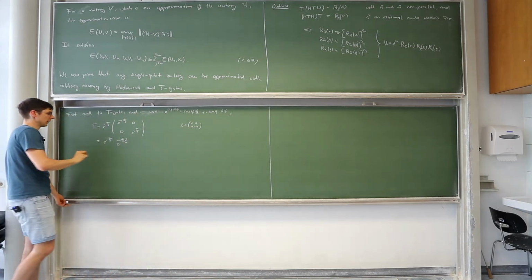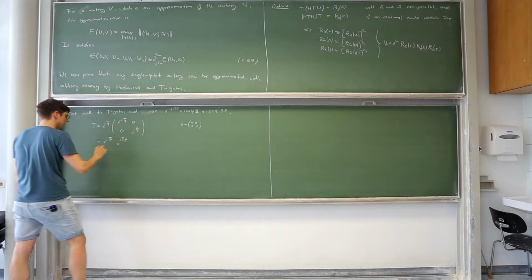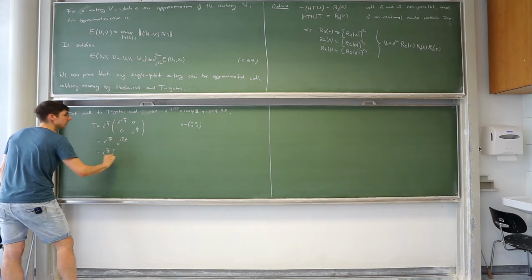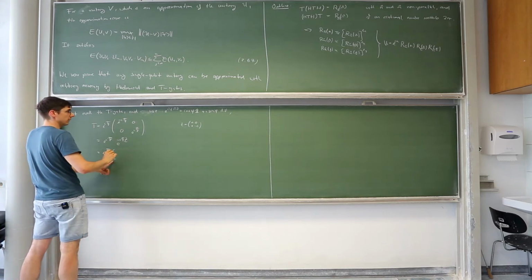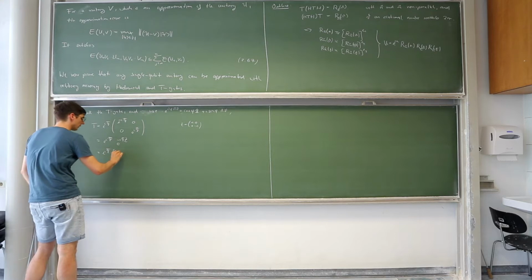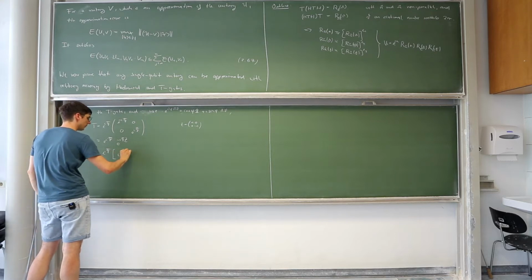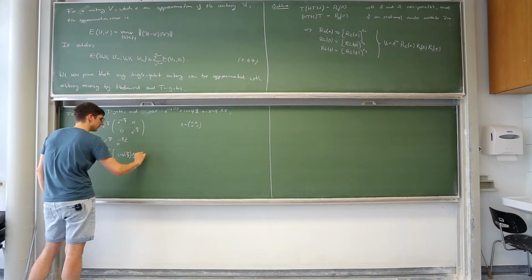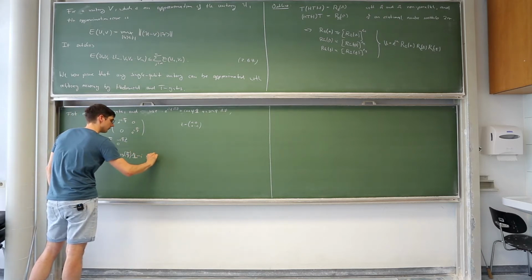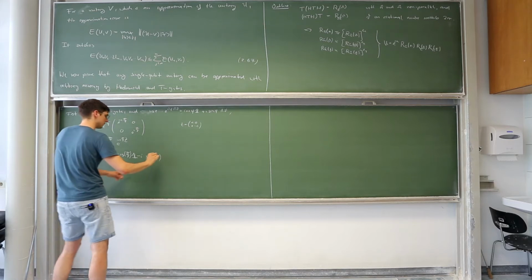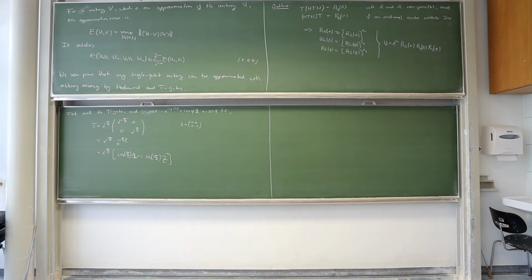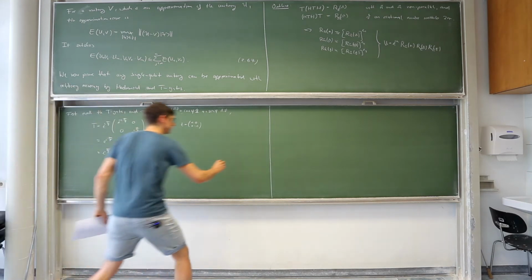Now we can use this formula and write this as e to the i pi over 8 times cosine of pi over 8 times the identity, minus i times sine pi over 8 times z. This is now our equation number 270.